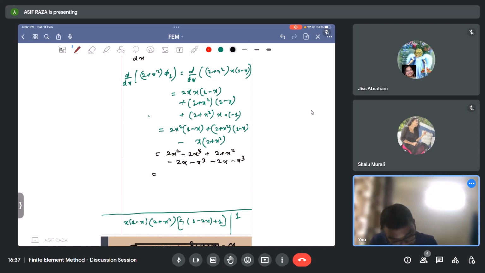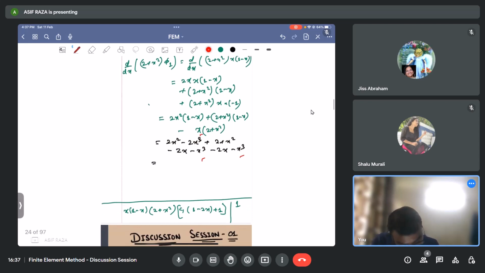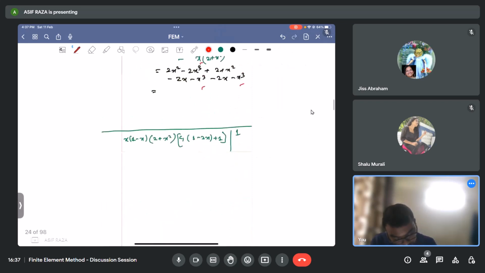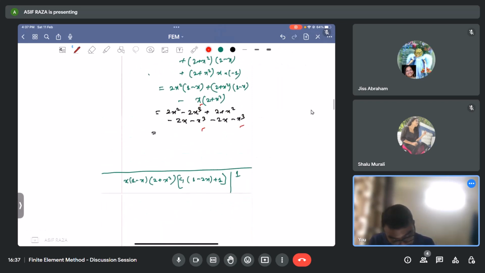Okay, x cube is this one, this one, this one. So minus minus, this will be equal to minus 4x cube, then x square is this and this term, so this is 3x square, x is minus 4x.